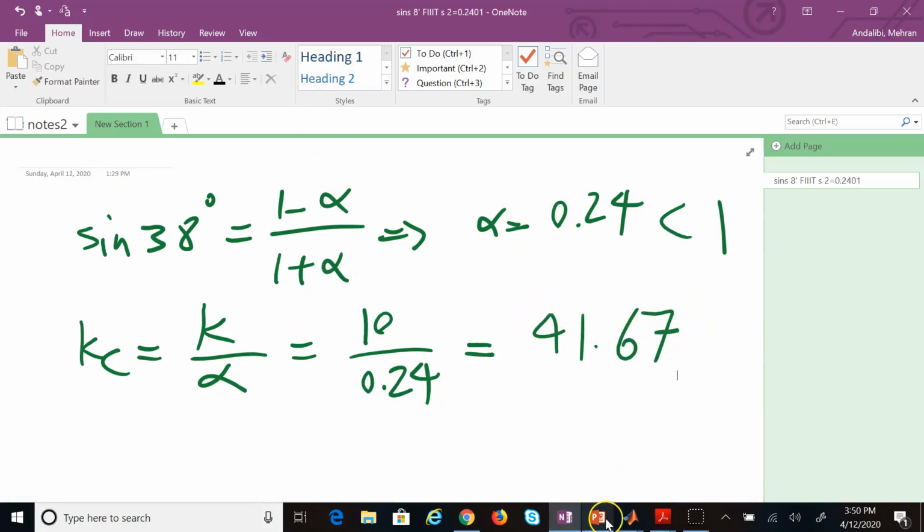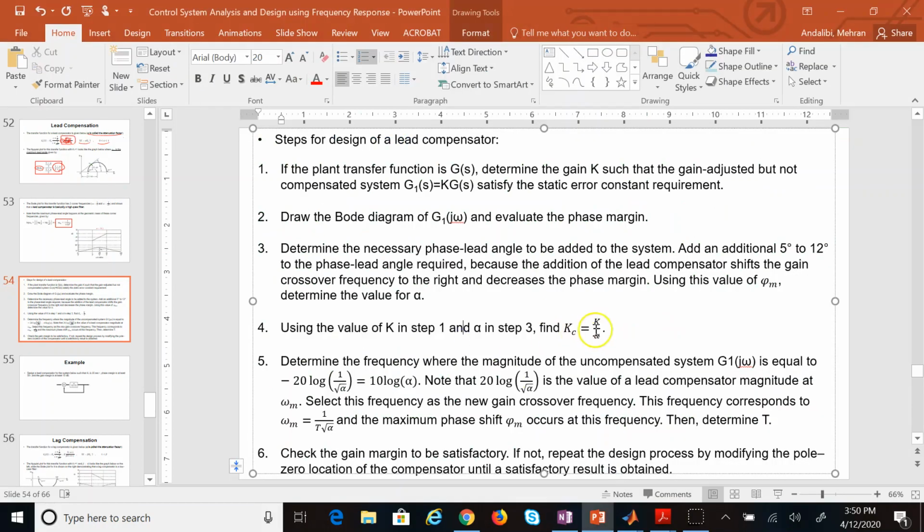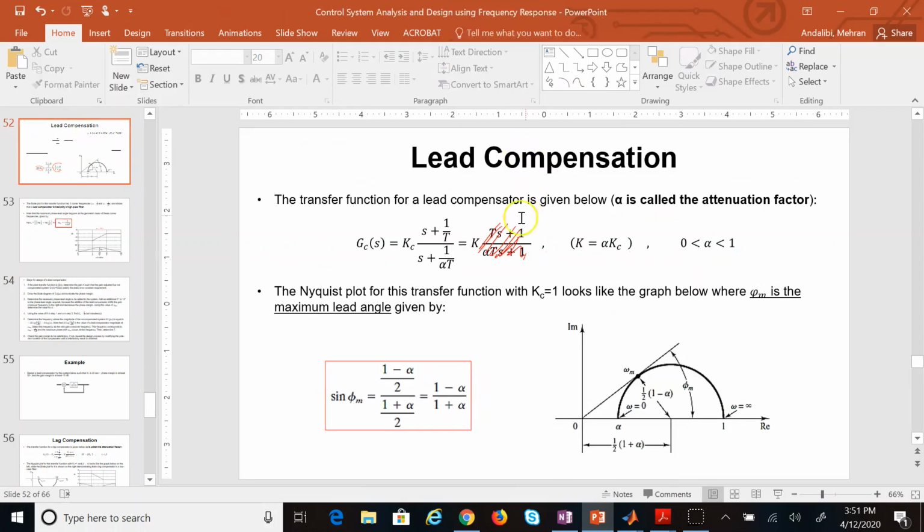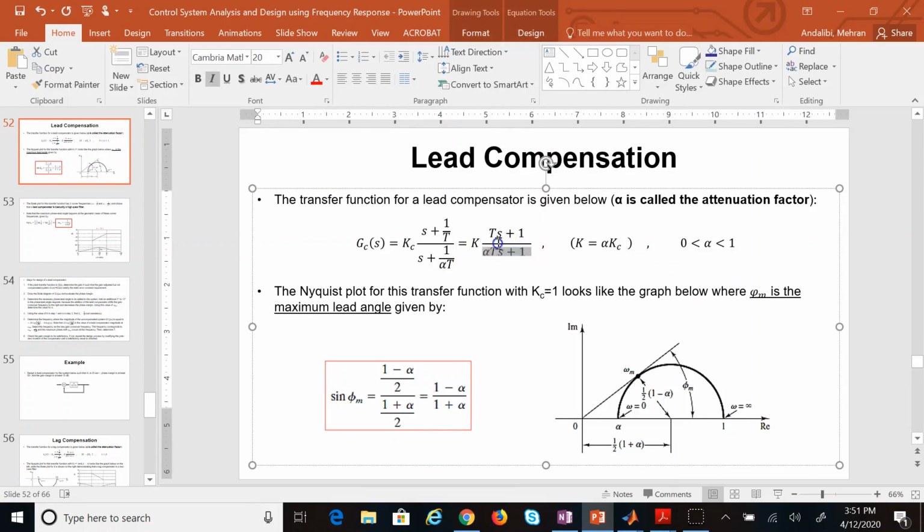So again, this step is not mandatory, because you can either show your compensator by the first formula or by the second formula, right? No difference which one you use.